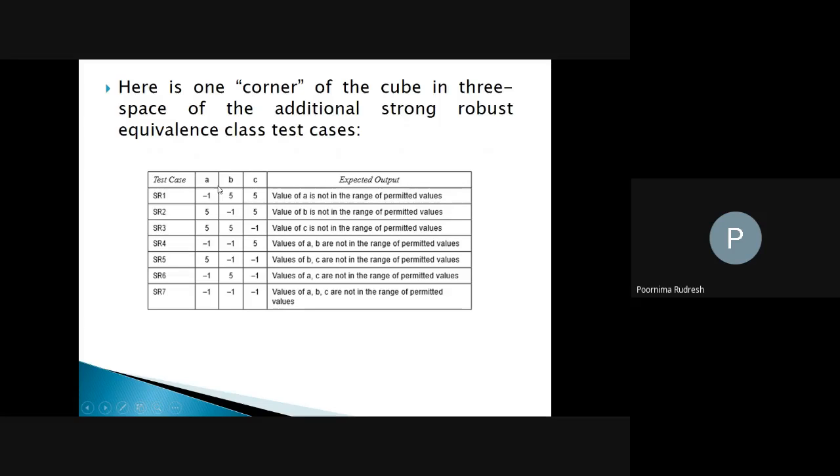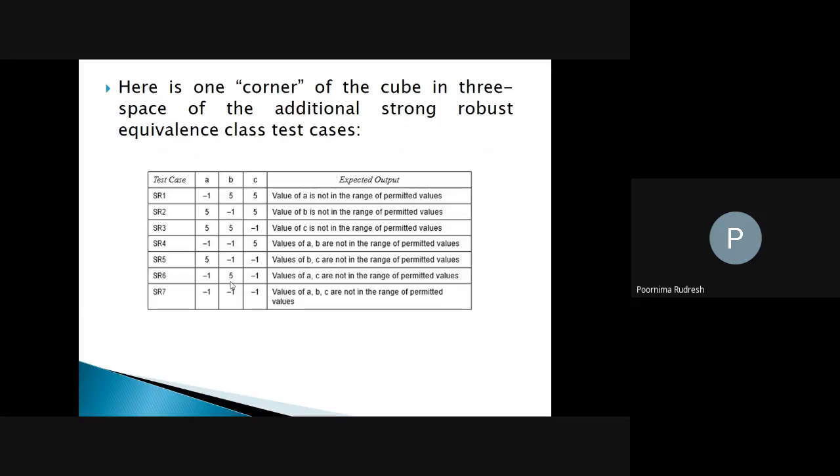First we are considering A, B, C, next A, B, next B, C, A, C, like that. So for just the -1 value, we have seven different test cases.